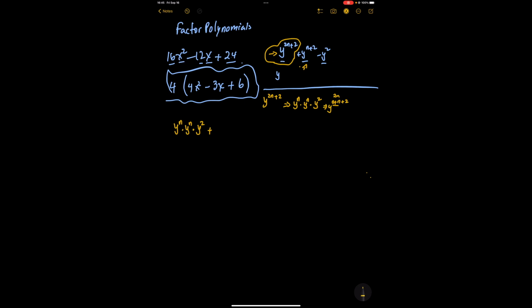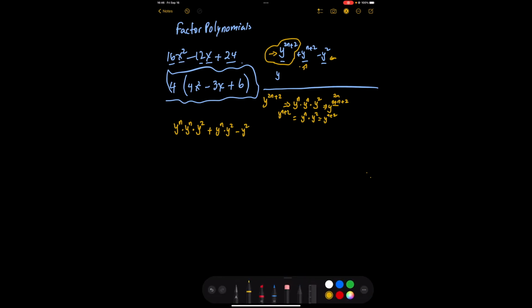So y to the n plus 2 basically is y^n times y squared, right? Because that will be y, and you add the n plus the 2, right? So here I'm going to just write y^n times y squared. And then we're going to work on this guy right here, which is y squared, which is very simple, y squared.